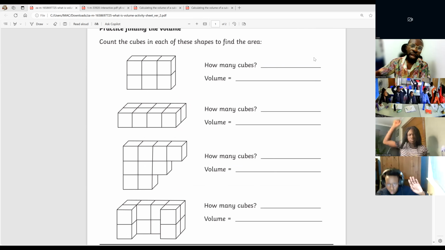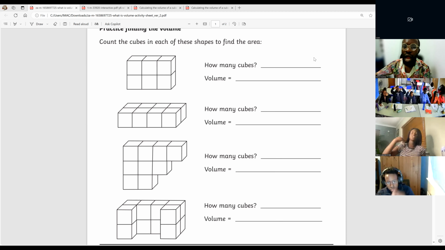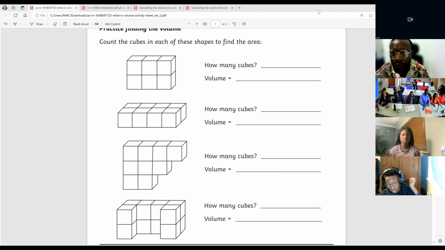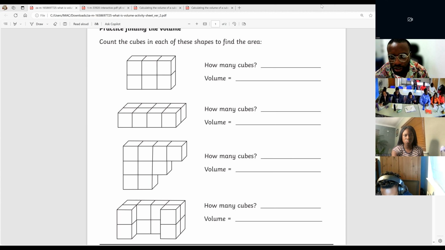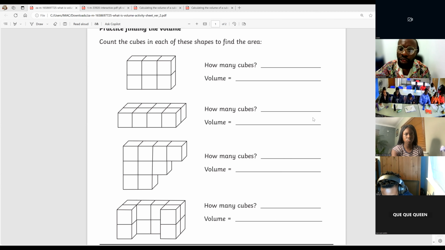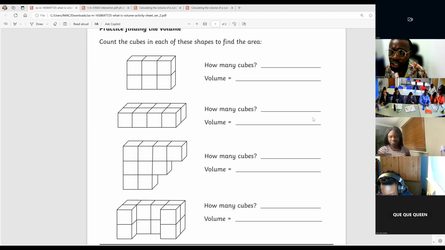Very good. And we want to see how to work out volume of these 3D shapes, combination of cubes. But we first need to be able to find how many cubes make up the 3D shape before we can then find out the volume.